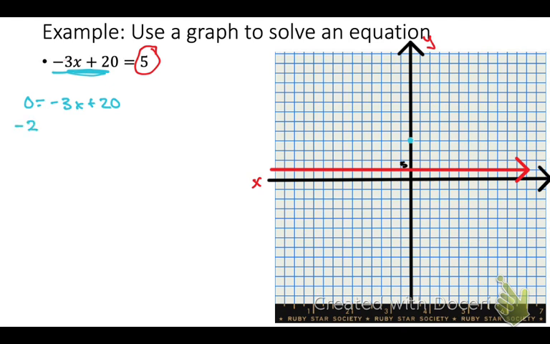Mine would be negative 20 over negative 3, so that's 20 over 3. So that's about 7, right? So it's almost 7. So it's not going to be exact. 5, 10. So it's going to be right here on mine. Would it be better to count by ones to do this? Did anybody count by ones?